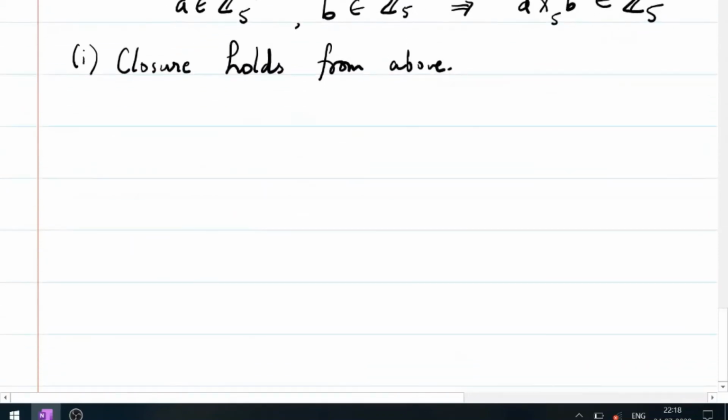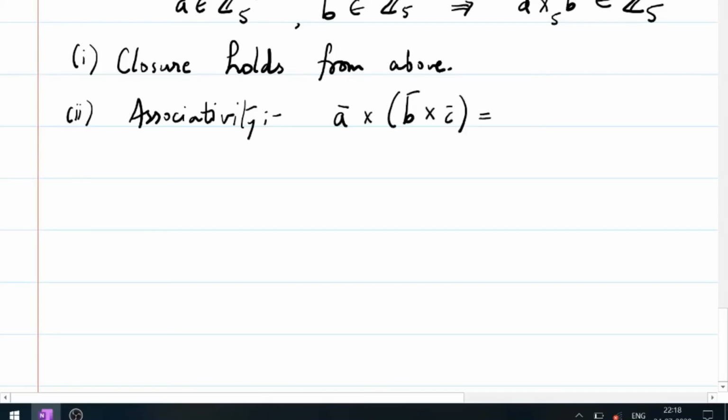Secondly, associativity, I will again leave it to you. What is associativity? a bar multiplied by b bar, then into c bar, will be equal to a bar into b bar into c bar. This is all multiplication modulo 5.